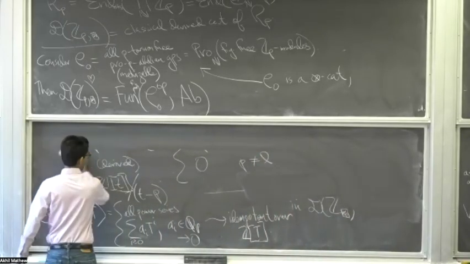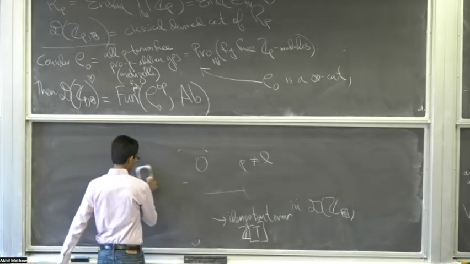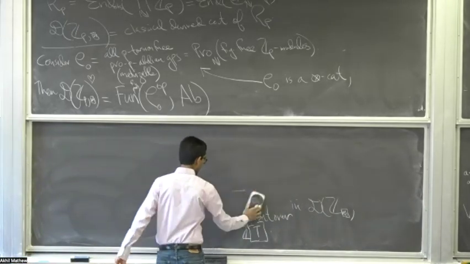However, we can give a description of this object in terms of profinite objects, in terms of profinite sets, or in terms of compact things.